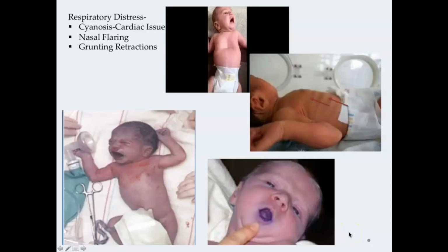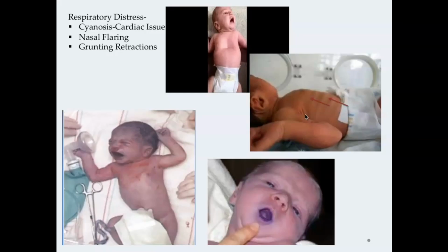Babies will typically have retractions, which is seen here. You can see it through their ribs in the intercostal space, and nasal flaring where their nares flare. Those are not normal signs. Babies will also make that grunting sound if they're in respiratory distress.